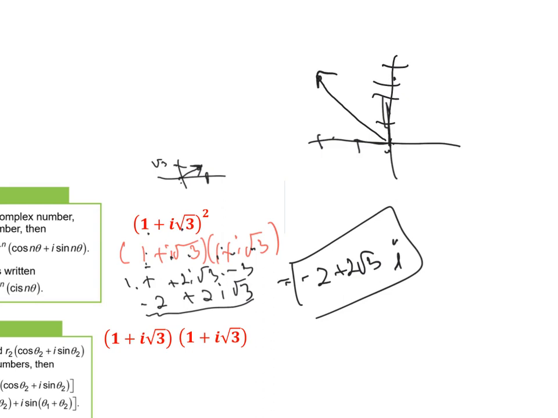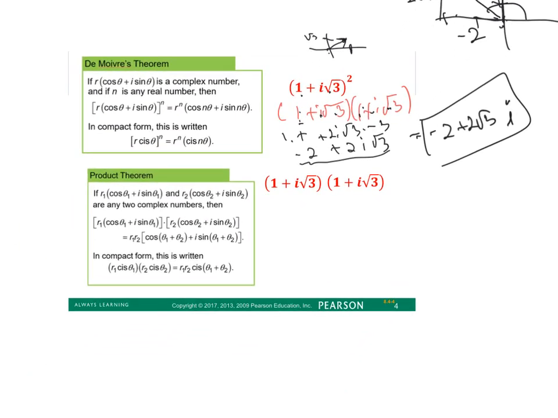And so this is negative 2, and this is 2 square roots of 3. That's going to be that distance there, 2 square roots of 3. You'd have to find out what this angle is, and you'd have to find out how long that is, and it's going to be a lot of work.